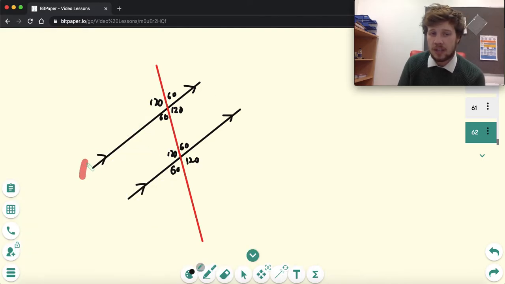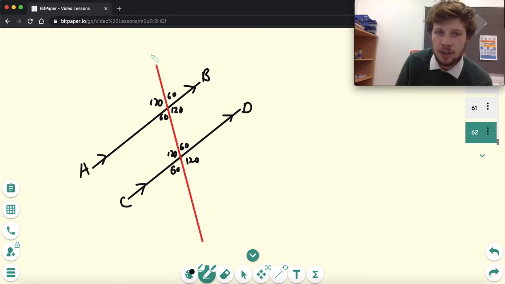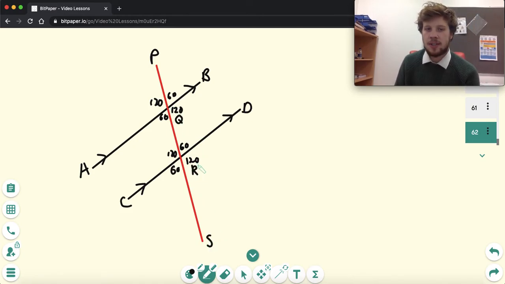I'm going to call this A, this B, and this C and D. And then along my transversal line, I'm going to call the intersection points P, Q, R, and S, where Q and R indicate this intersection point here.